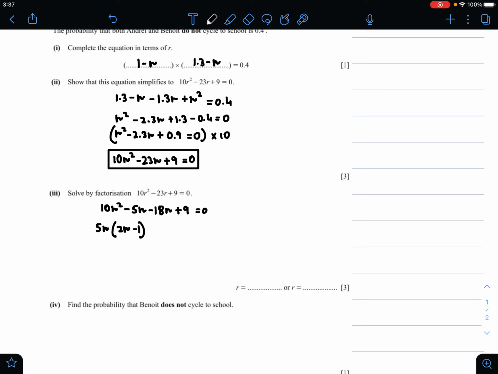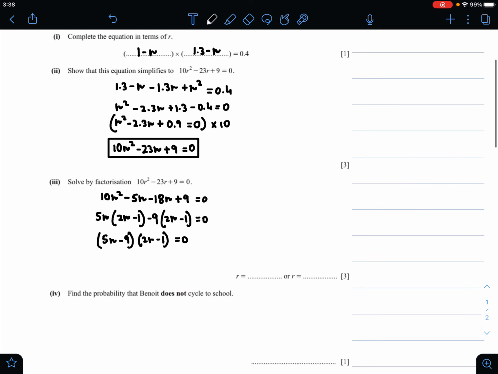Negative 9 is common, because you want the brackets to be the same, that is 2r minus 1, so you take negative 9 and not positive 9. Negative 18r divided by negative 9 is 2r, and 9 divided by negative 9 is negative 1. Therefore you can write 5r minus 9 multiplied by 2r minus 1 is equal to 0.